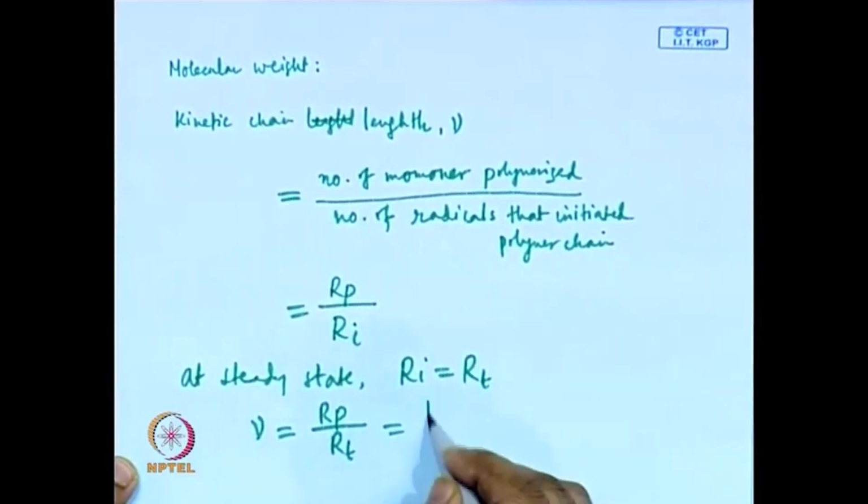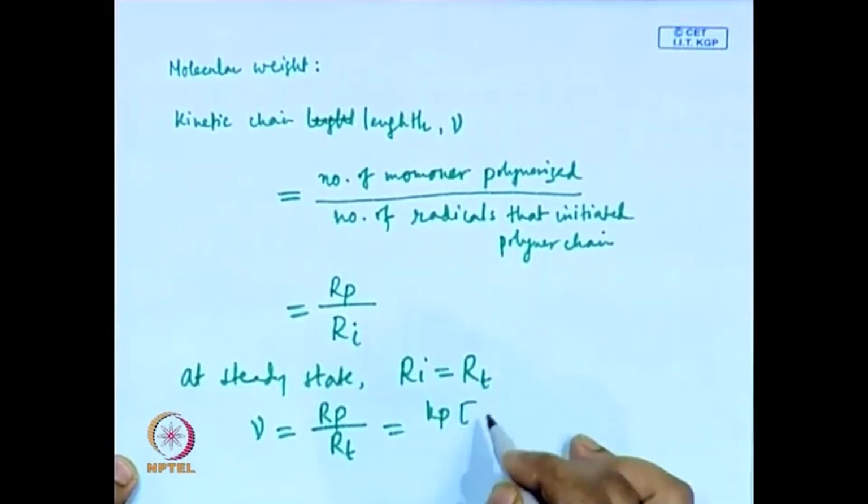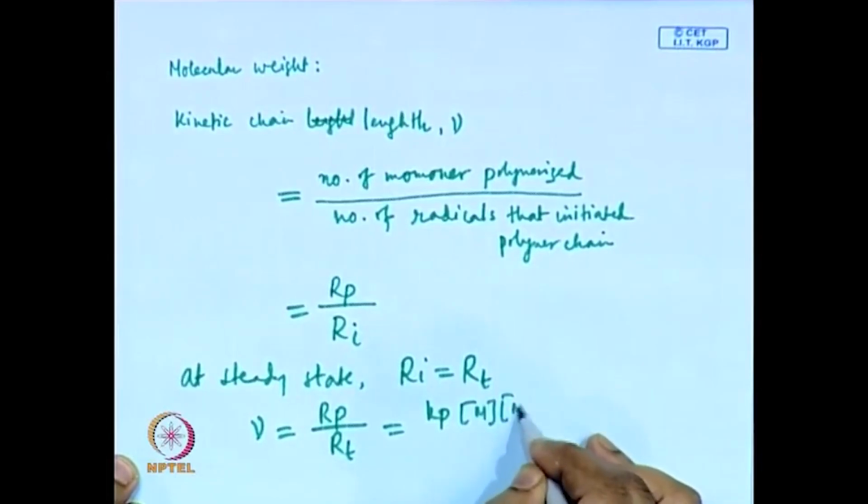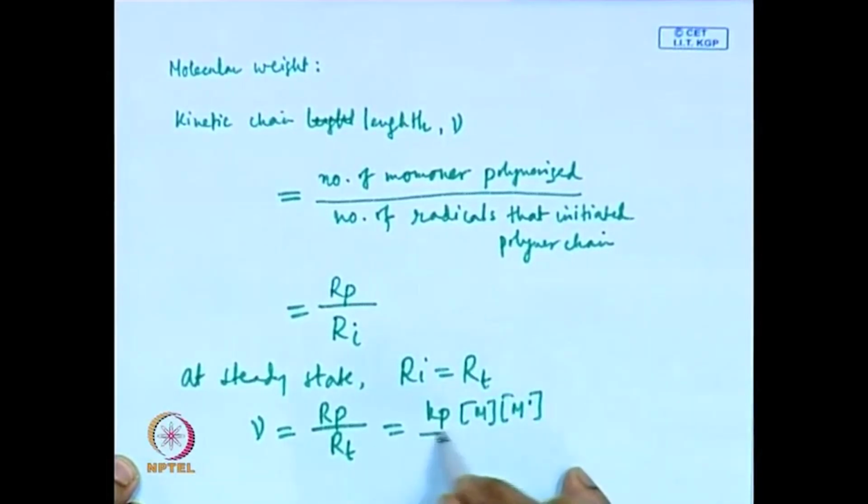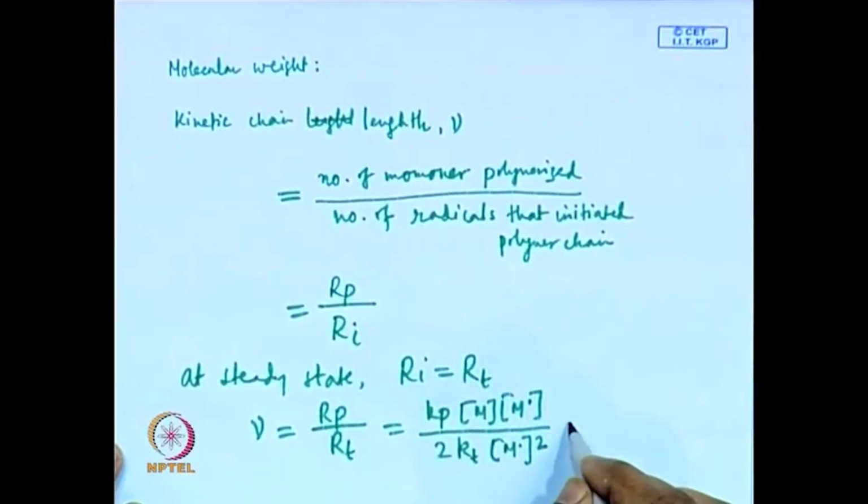The rate of polymerization is given by Kp M dot, where M dot is the concentration of all the radical species present, the summation of the concentration of all the propagating radicals, and the rate of termination is Kt M dot squared, or I can write simply this.